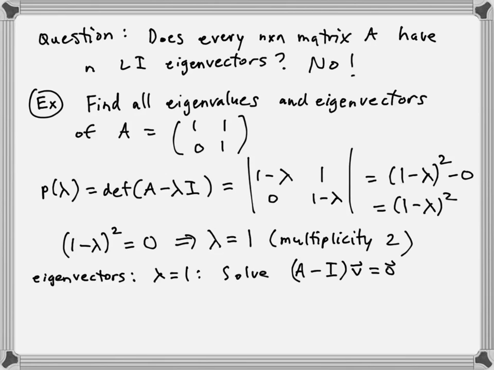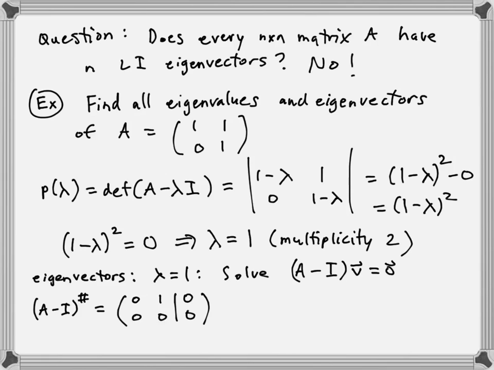Okay? So what is A minus I augmented equal to? Take the original matrix A and subtract away 1 from the diagonals, and we end up with 0, 0, 1, 0, 0, 0.